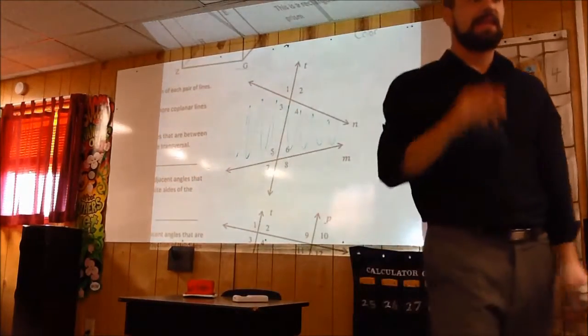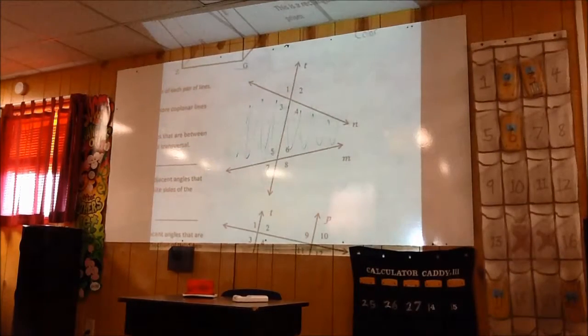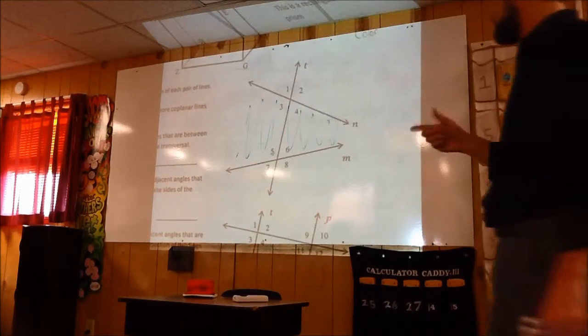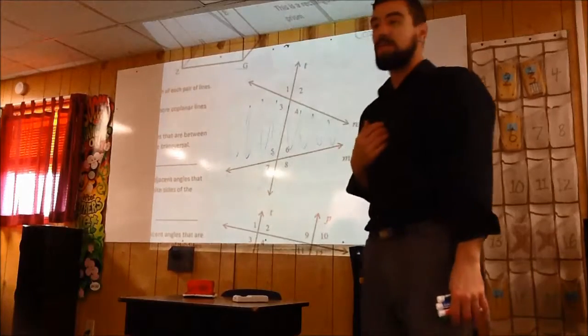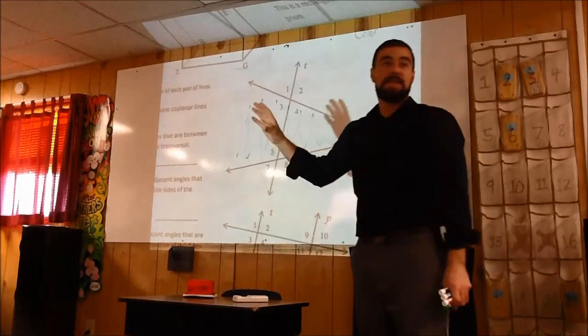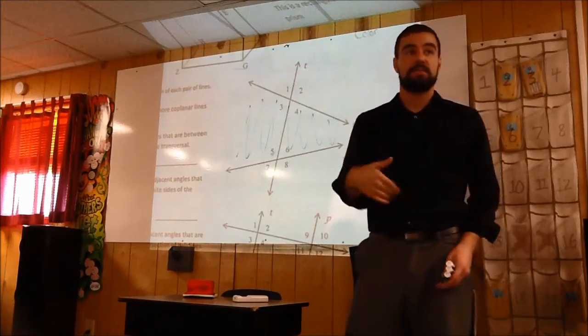Lines M and N. So just lightly shade in, lightly color that region that is in between the two lines. We're going to refer to that area as being the interior of this diagram.